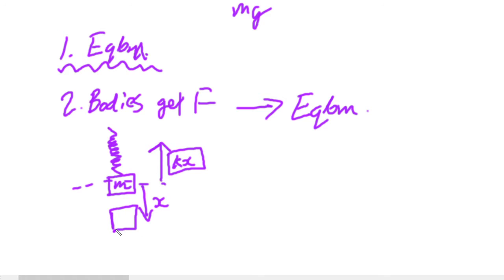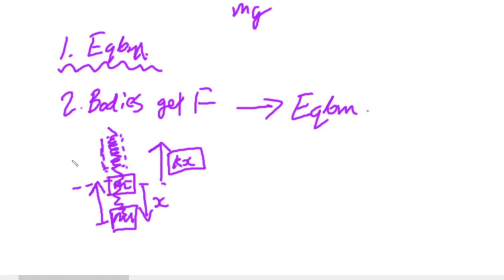So if this block is pulled down here, a distance x away, there'll be a restoring force of kx newtons, where k is the spring constant, which determines how much extension begets how much additional force.